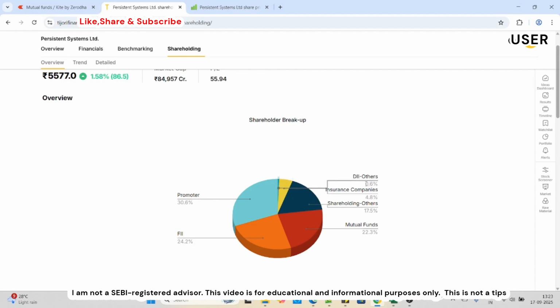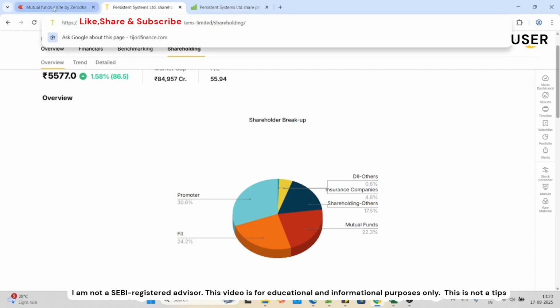FIIs are selling because of the trade conflict between India and the US. So this is a very fine website. You can check it before investing in any stock.